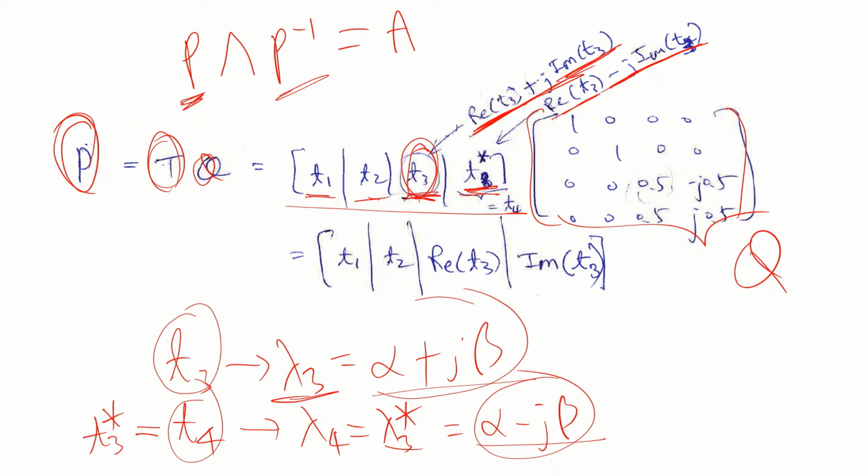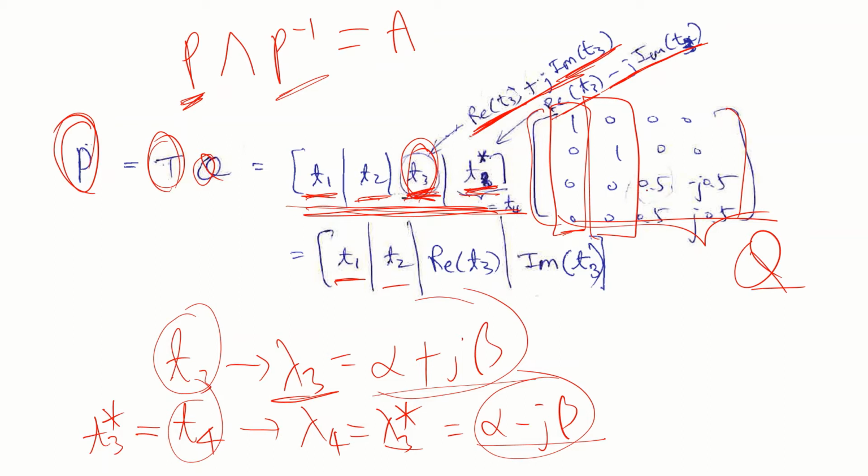Now we want to see what P will give you the desired realization. Here's a T and here's a Q, and if you multiply these two, the T1 T2 stay exactly T1 T2 because of these first two columns. These two columns do nothing for T1 T2. But how about this one?